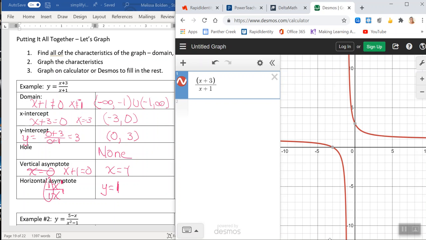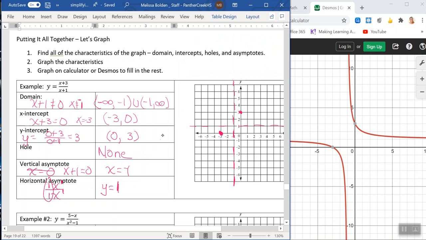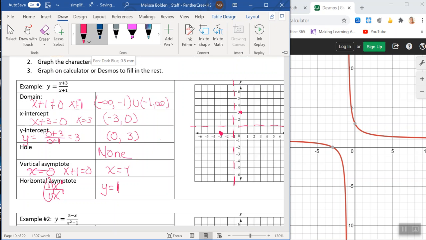So we can see from our graph that it crosses the x-axis at negative 3, crosses the y-axis at 3, and that it's hovering around 1 on both sides, and that it never crosses negative 1. So now I'm going to get a different color, and I want to draw my graph. Okay. So I see that it crossed the x-axis and then it just kind of hovered.